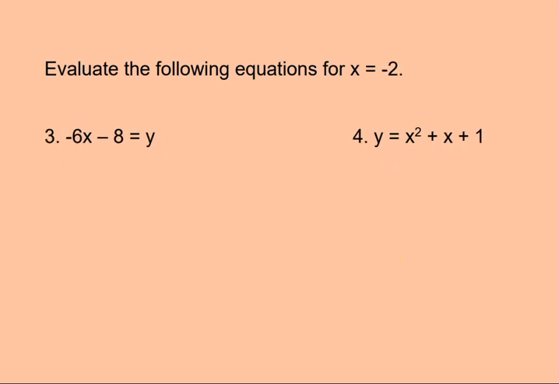In these next two equations, I'm told to evaluate them for x equals negative 2. Anytime we're substituting a negative number in for a variable, we definitely need to make sure that we put it in parentheses when we're substituting.